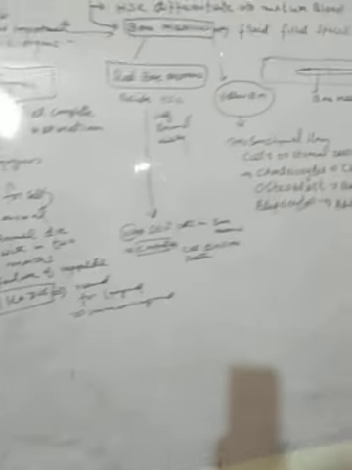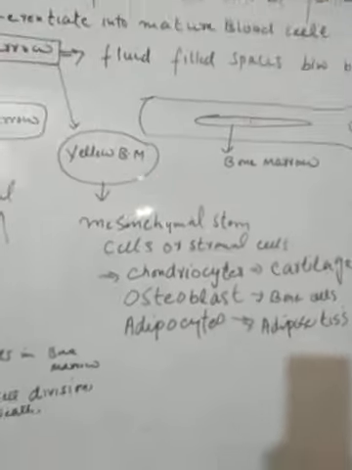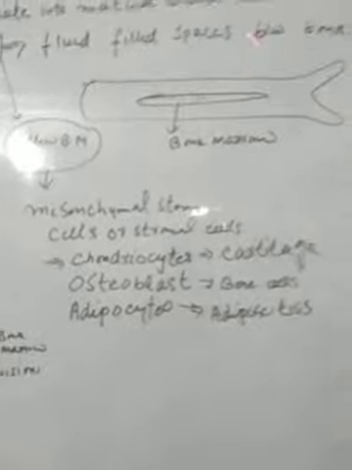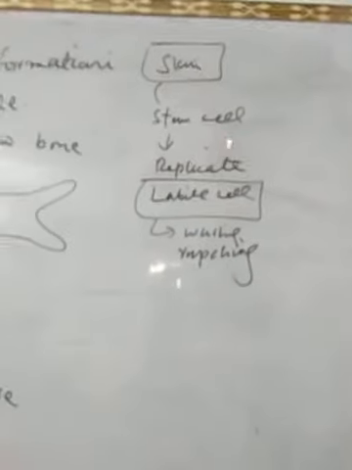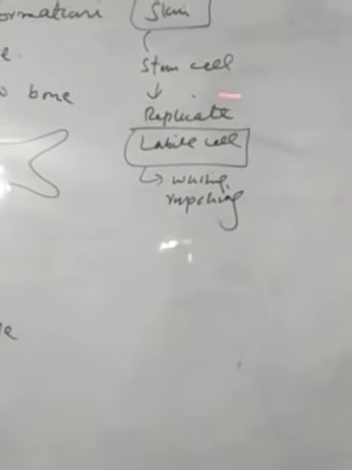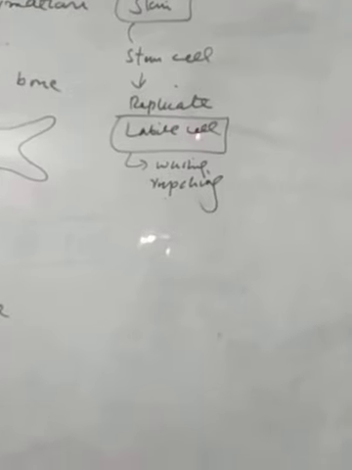Today we have discussed the bone marrow, and now you know that stem cells are also present in the skin. Skin also has stem cells, and the skin has the ability of replication. So we say that skin is a type of labile cell.